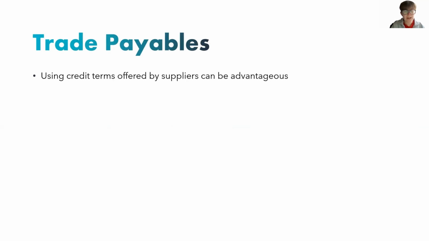Trade payables allow us to use credit terms which are offered by our suppliers so that we can pay our invoices at a later date. This can be advantageous to us as a business because ultimately it allows us to improve our own cash flow, because we can delay the cash actually going out of the business.